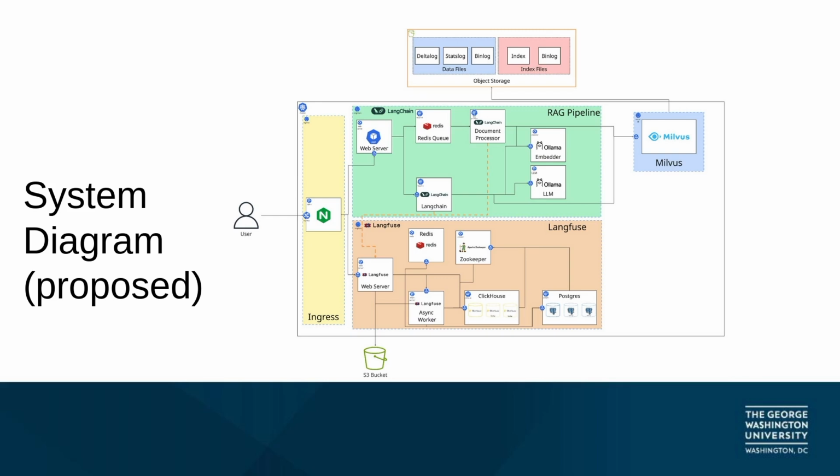Coming to the RAG pipeline namespace, where we have the web server running. So this serves the user side request, and any user can either run some query for interacting with the LLM or upload a document to be processed and stored into the vector DB.